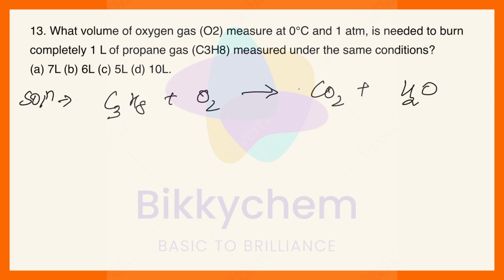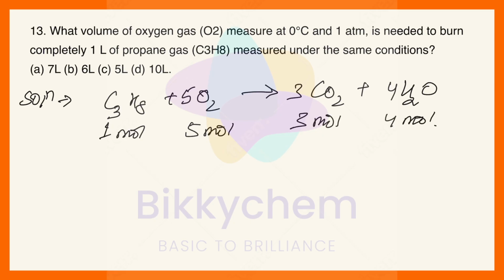So to balance this one, we'll write 3 here, then hydrogen each 8, so 6, so 5 molecule will be there. So 1 mole, 5 mole, 3 mole, 4 mole.